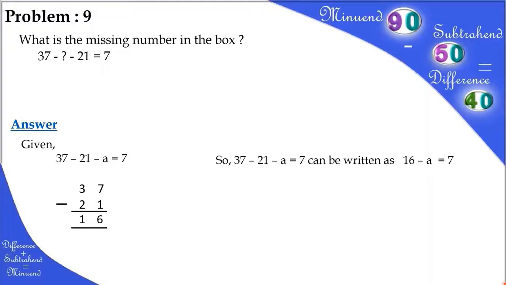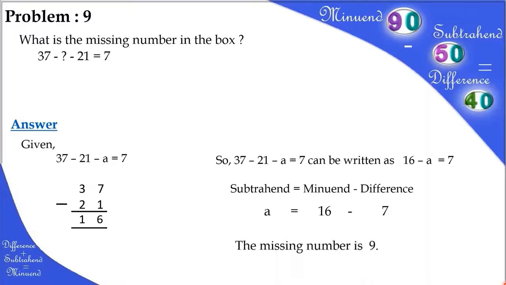So, this equation can be written as 16 minus A is equal to 7. We know that subtrahend equals minuend minus difference. Here A equals 16 minus 7. The missing number is 9 because 16 minus 7 is 9.